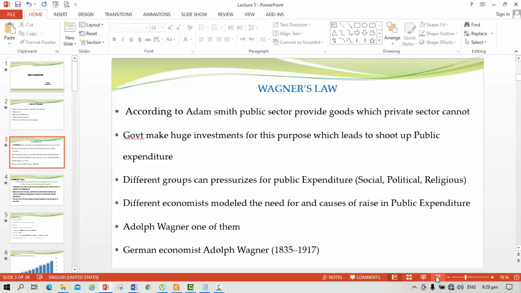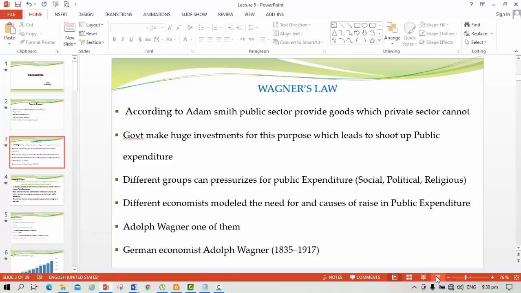Different groups can pressurize for public expenditure. There can be pressure from different social groups, political groups, and religious groups for various kinds of public expenditure. Different economists model the need for and causes of rise in public expenditure. Adolf Wagner is one of them.